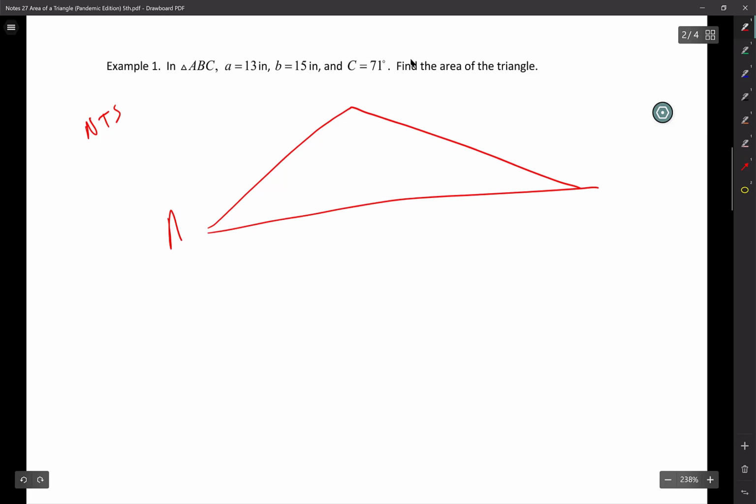I'm going to label it A, B, C. Little a has to be this guy, which is 13 inches. Little b has to be this segment here, which is 15 inches, and angle C is 71 degrees. I'm slowing down, guys.